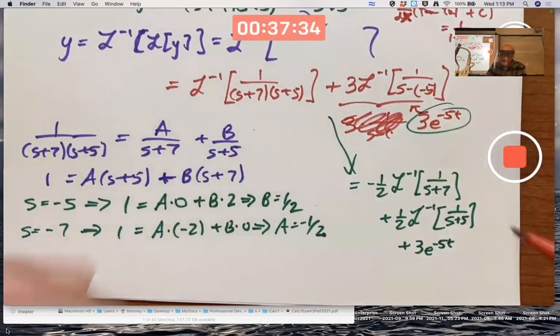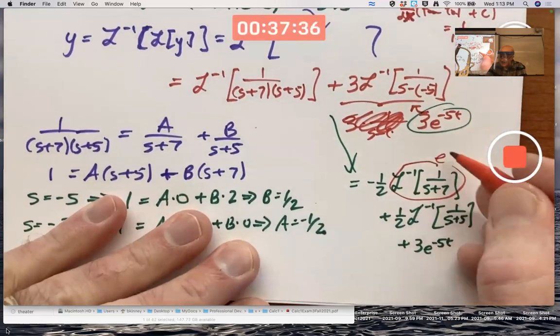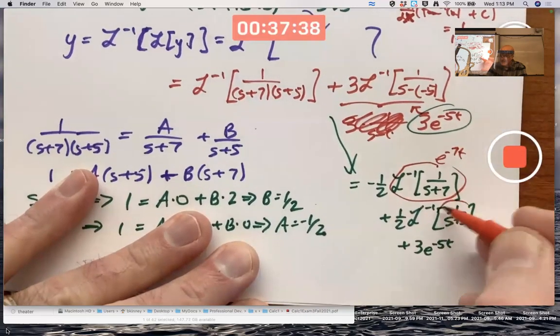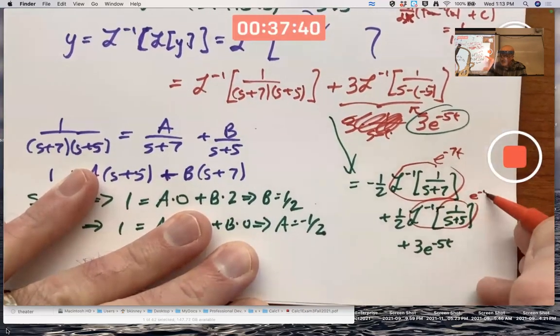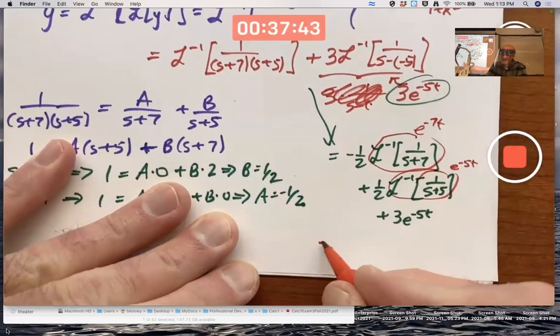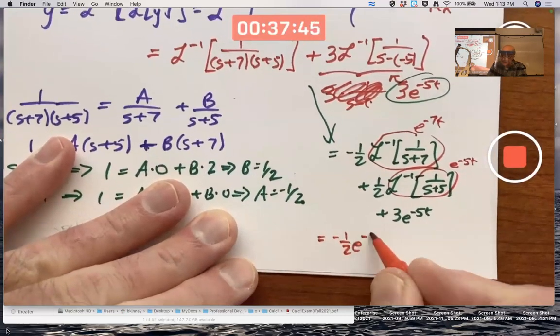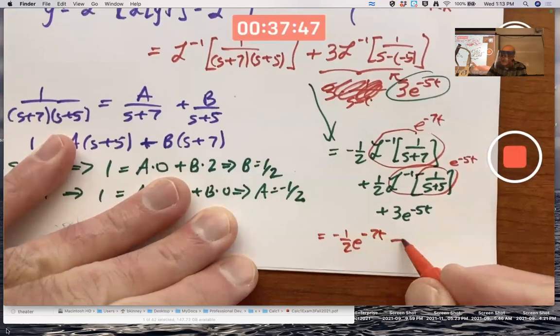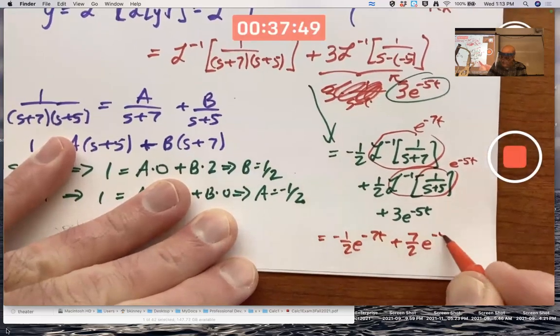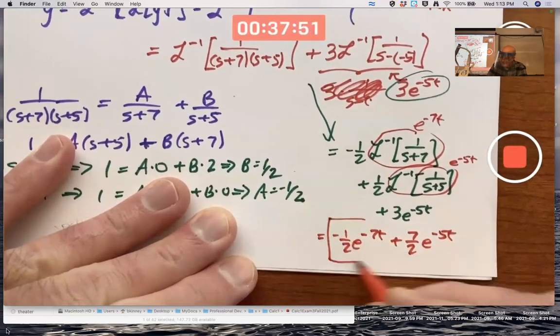This thing is e to the negative 7t. This thing is e to the negative 5t. The final answer is negative 1/2 e to the negative 7t plus 7 halves e to the negative 5t, just like we got with integrating factors.